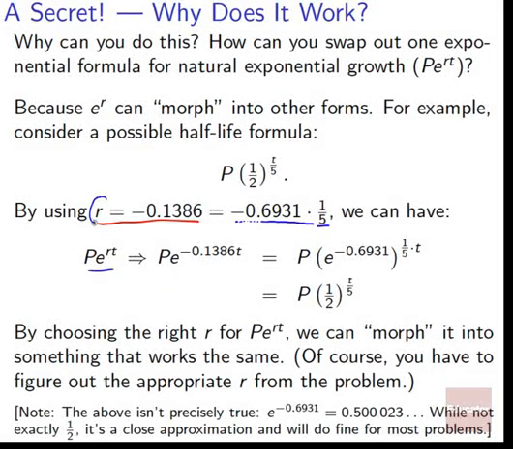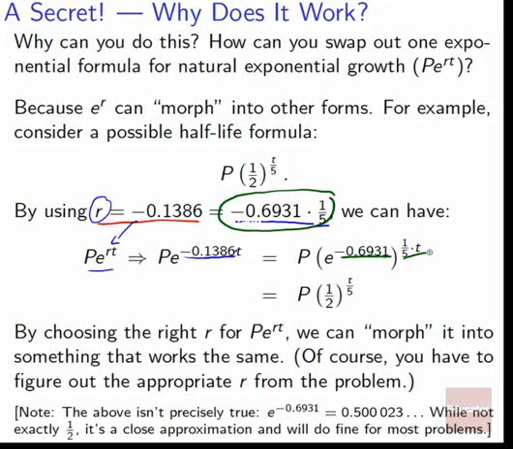We swap in what r is, and we get P times e to the negative 0.1386 times time. But we also know that negative 0.1386 is the same thing as negative 0.6931 times 1/5. So if we want, we can break this apart into a negative 0.6931 part and a 1/5 times t part that we might as well put outside.